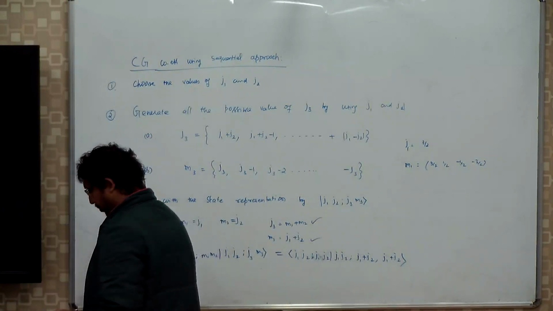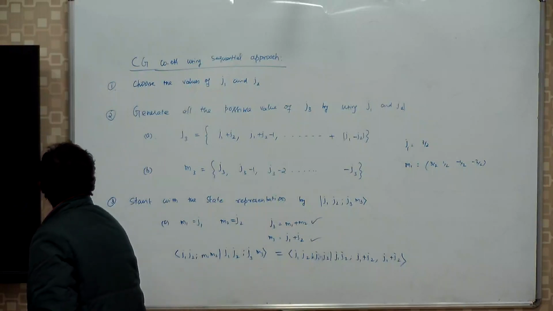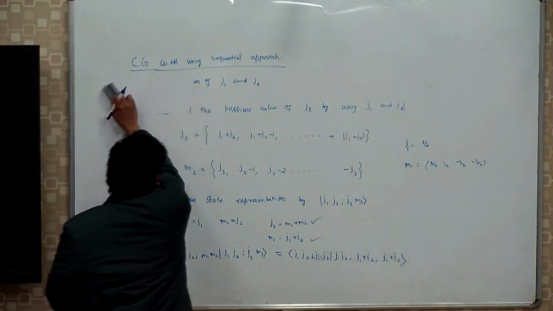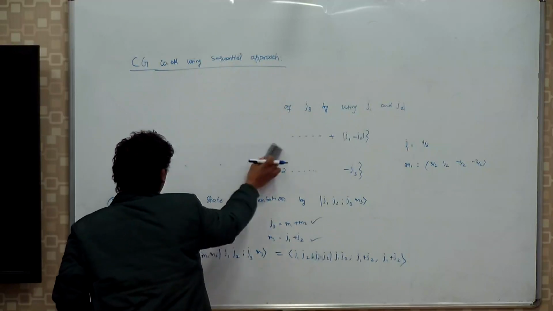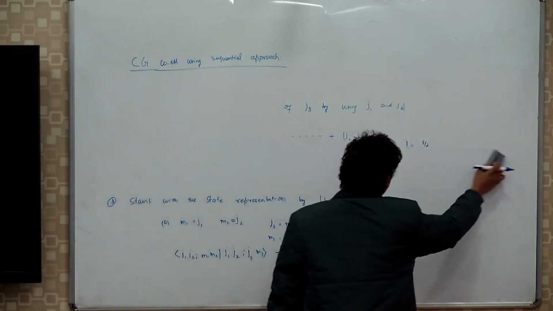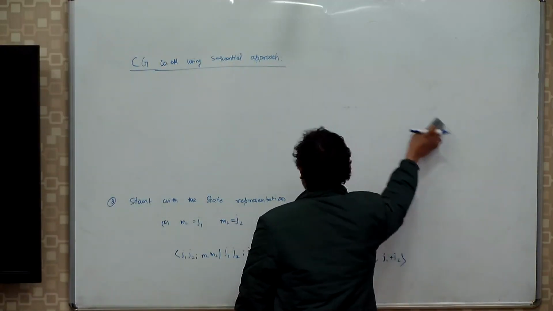So this is the third point. And the fourth point: apply the lowering operator on this state vector.